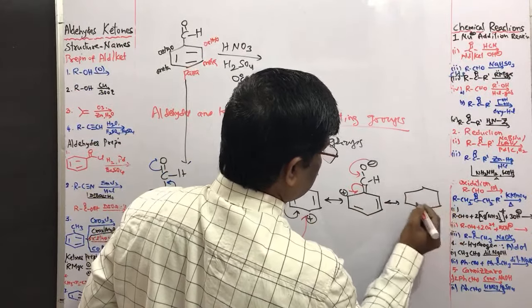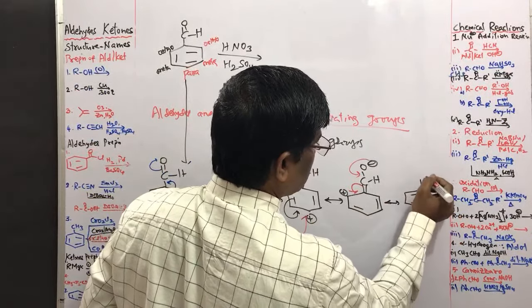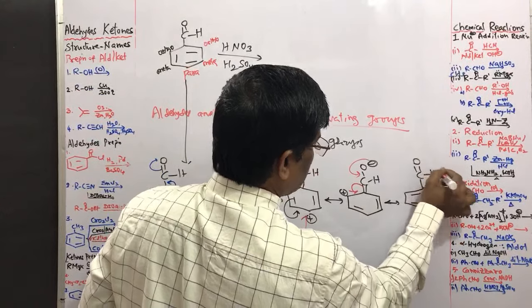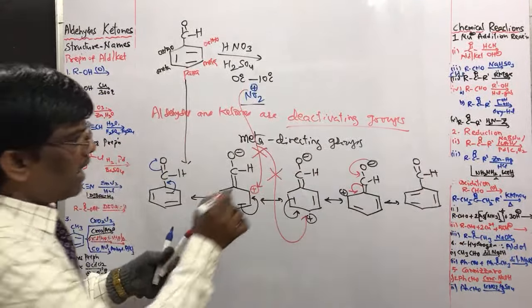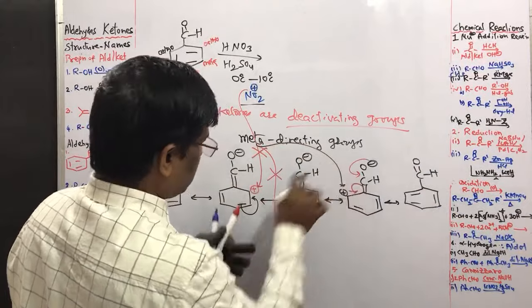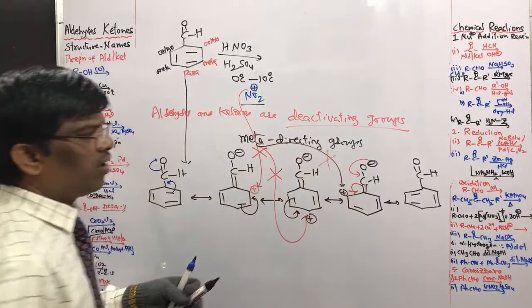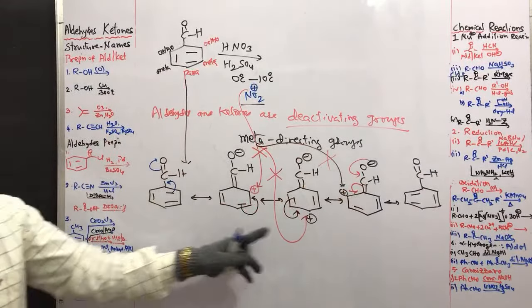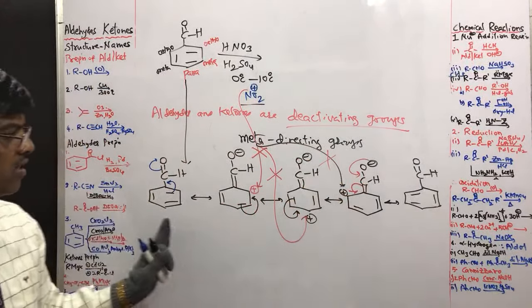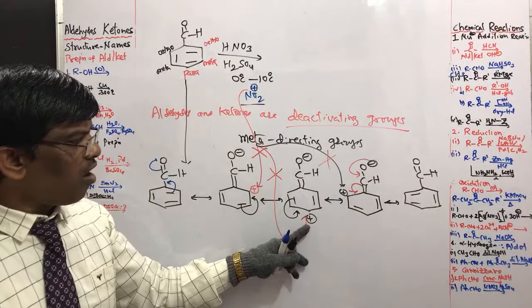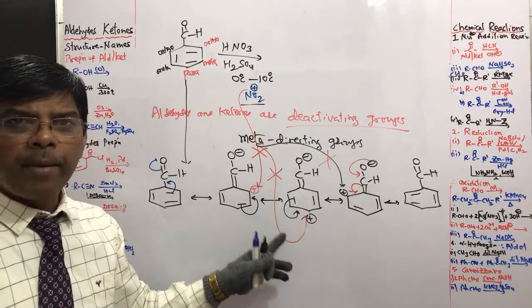So during these resonance structures, the carbocation is formed at ortho and para, whatever may be the position.